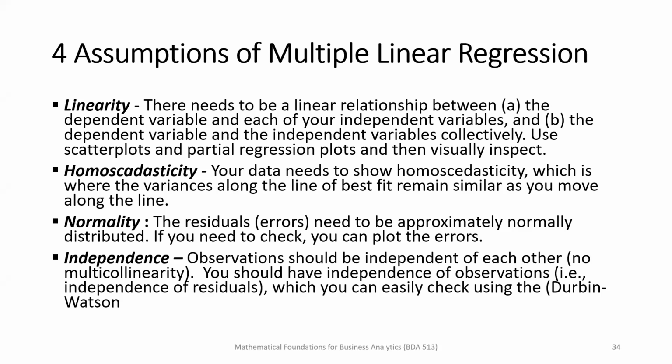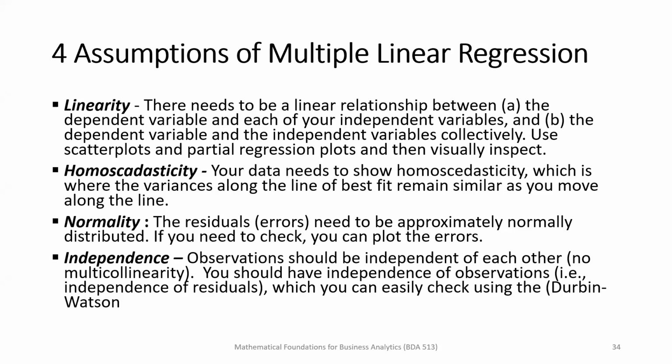Now, if within the model you find that the amount of fuel that is used and the distance traveled are correlated to each other, in other words, the longer the distance, the more the amount of fuel used, like if you know this, you can know the other, then there's no need for the two of them to be in the equation.